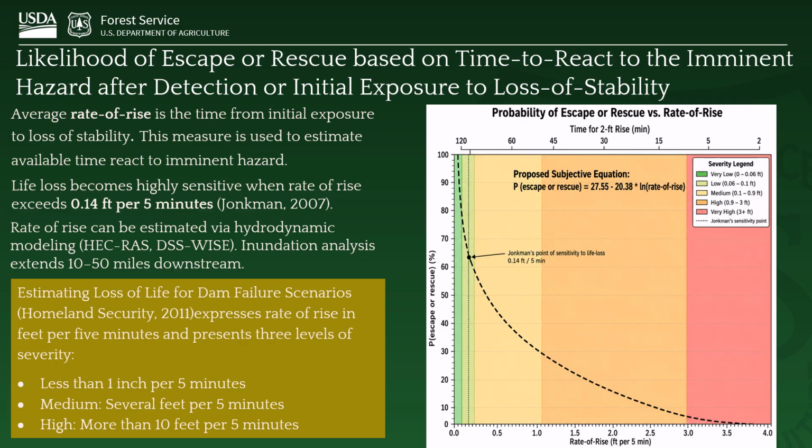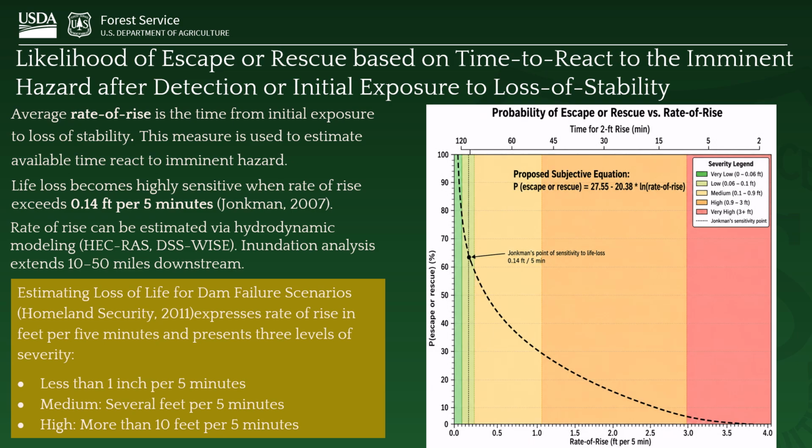Research by Dr. Jonkman identifies a sensitivity threshold near 0.14 feet per 5 minutes, marking the transition where the potential for life loss increases substantially. A 2011 Homeland Security Consequence Analysis document proposed incorporating rate of rise as a hydraulic characteristic to estimate time available to react.